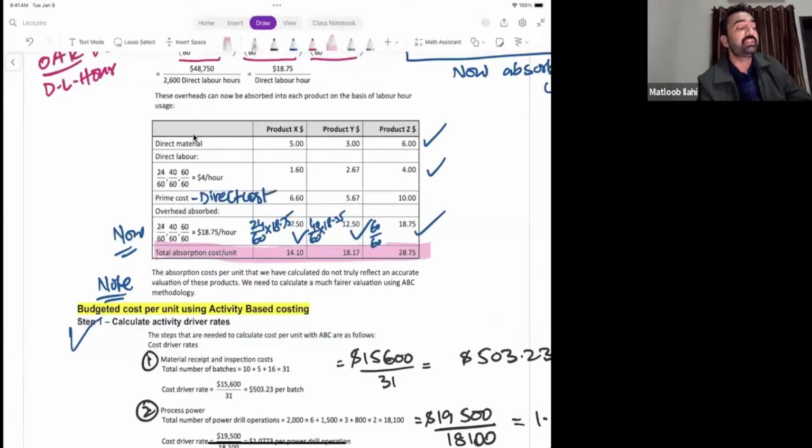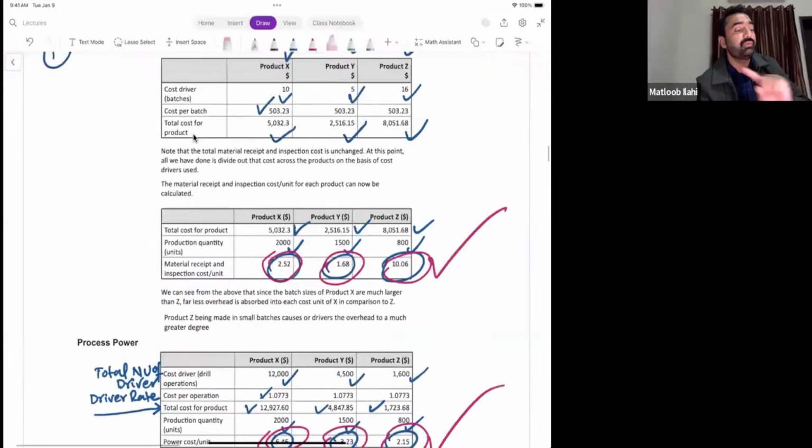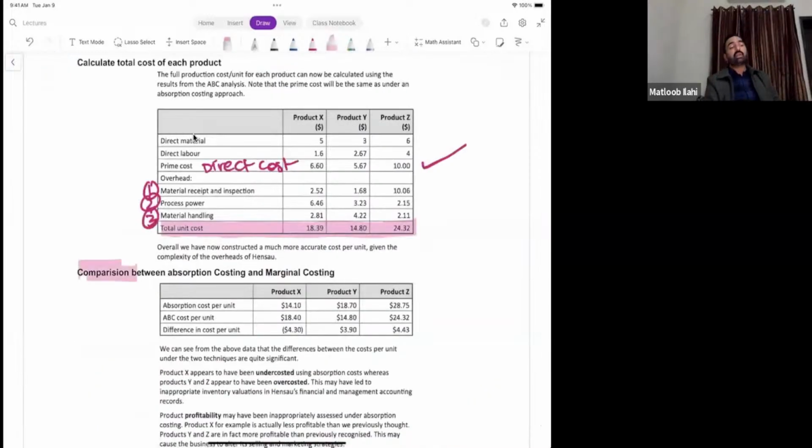And here, this is different, 18.39. So we can make a comparison of both costs, so we can know the difference in cost per unit. I think some question may ask you this level of calculation as well in section B, as I told you.